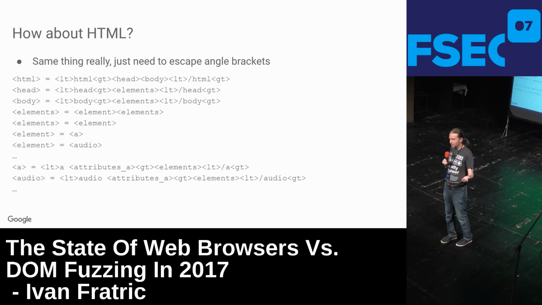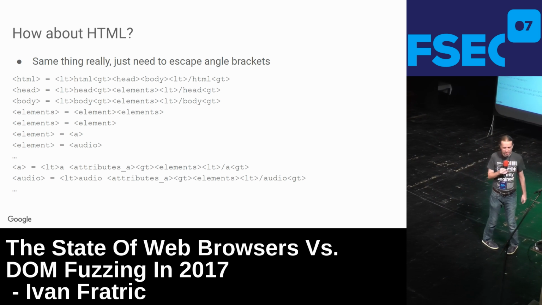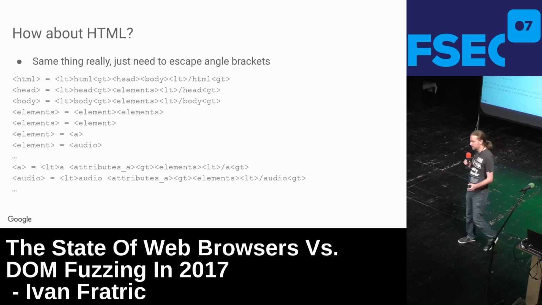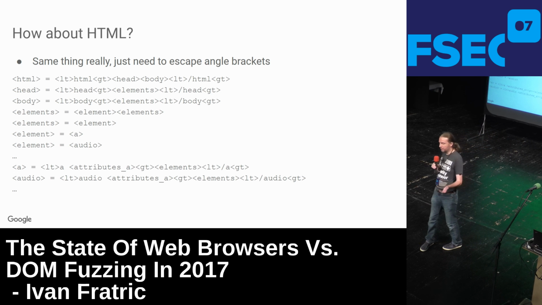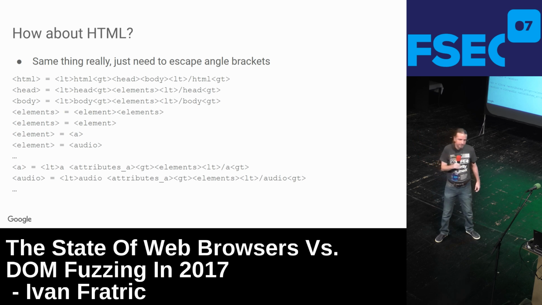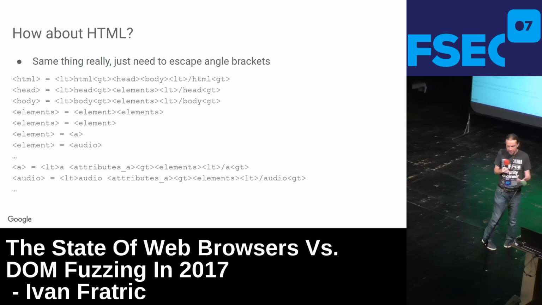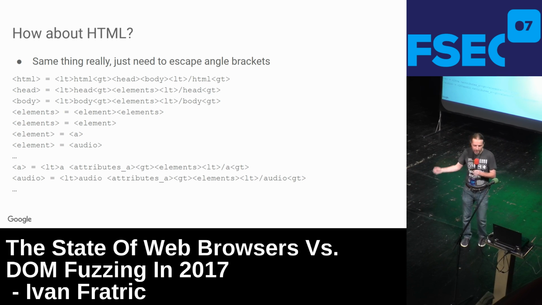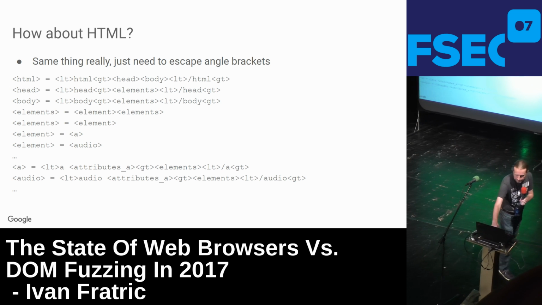So we need to escape them. So in this case, you'll notice that I'm using LT and GT symbols, and these are built into the fuzzer, and they evaluate to the less than and greater than character, respectively. And these are just some of the built-in symbols. There are others as well.